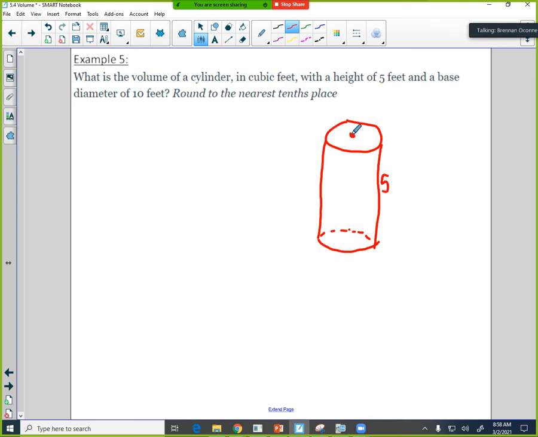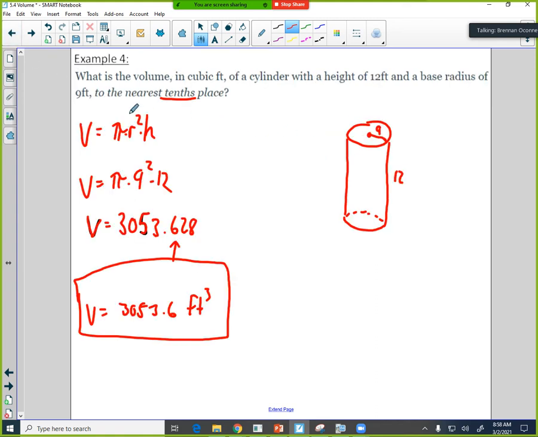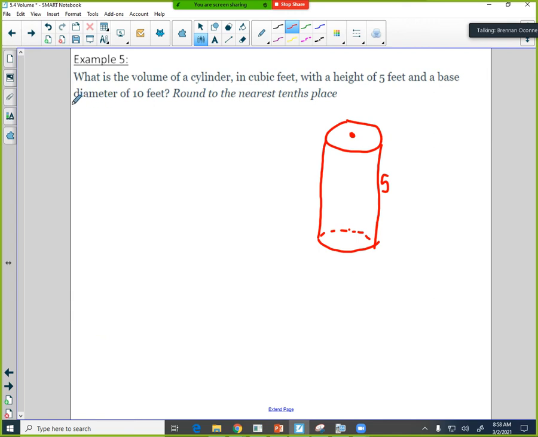Now this is important. We need to pay attention, right? On the last one we had a radius, but here we have a diameter, which means all the way across of 10 feet. And so when we do our volume equals pi times radius squared times h, pi r squared h, again, pi is just a number.